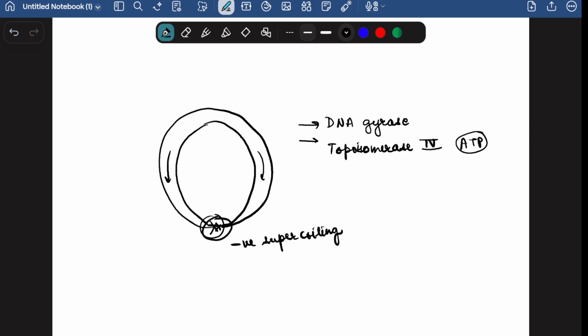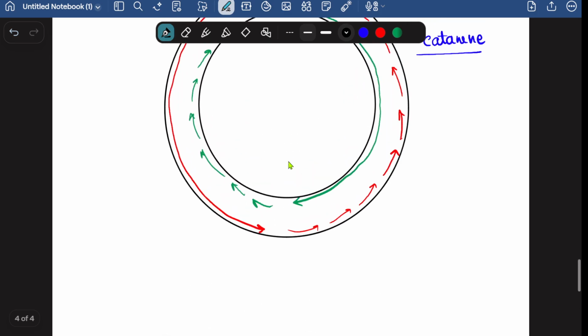Definitely they also consume ATP to do this activity. They will first break the phosphodiester bonds and then rejoin them, and in this way induce the negative supercoiling so that the catenane can get relaxed. Now all of this has happened and we have finally got this structure.